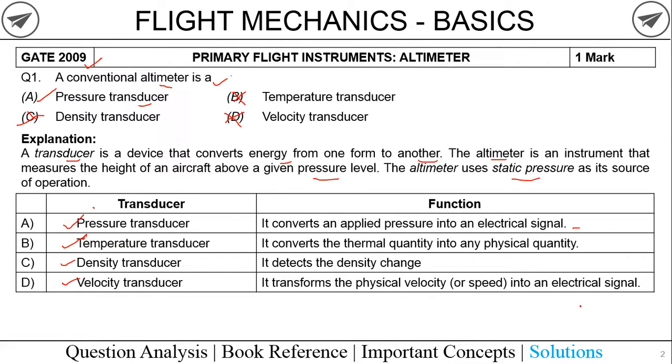Now checking out the answer, we go with pressure transducer, and the answer key also matches that. So a conventional altimeter is a pressure transducer as it depends on the pressure.